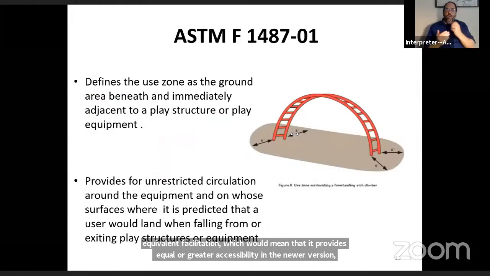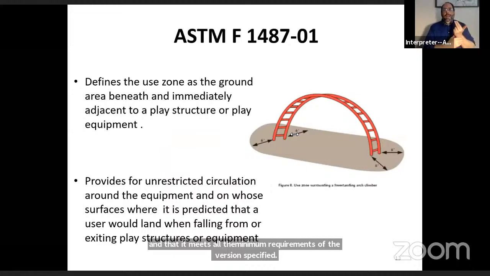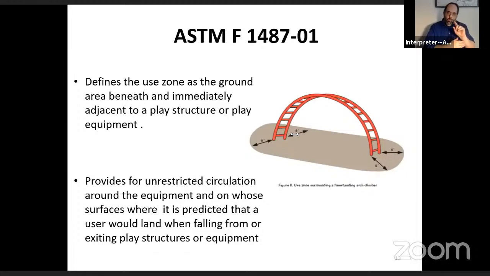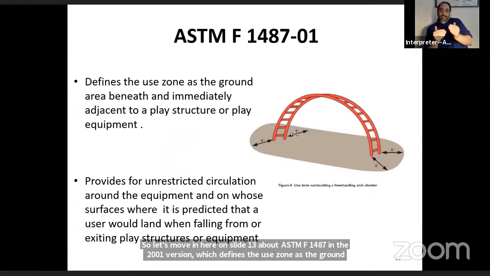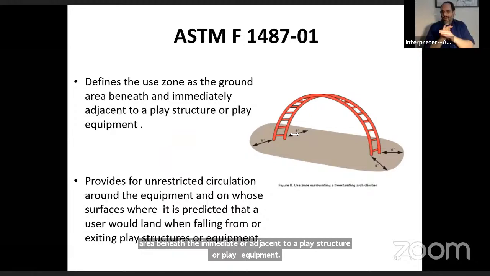So let's move in here on slide number 13 about ASTM F1487, the 2001 version, which defines the use zone as the ground area beneath or adjacent to a play structure or play equipment. And in this slide, 13, I'm showing you an overhead climber.